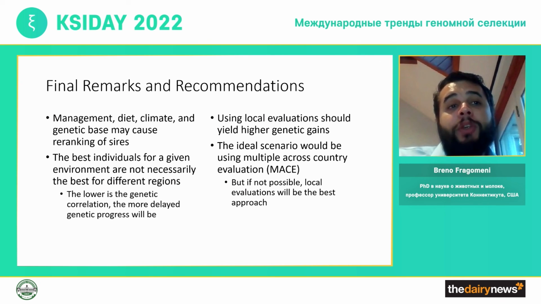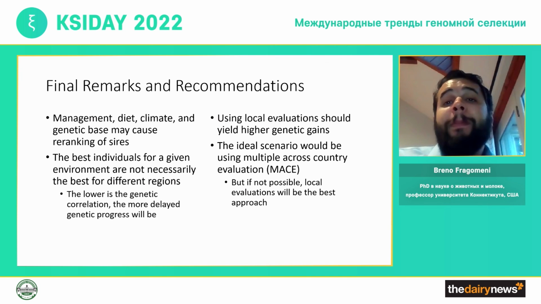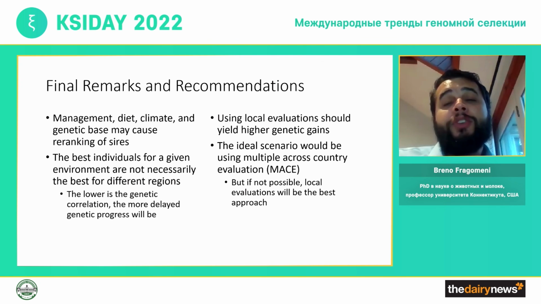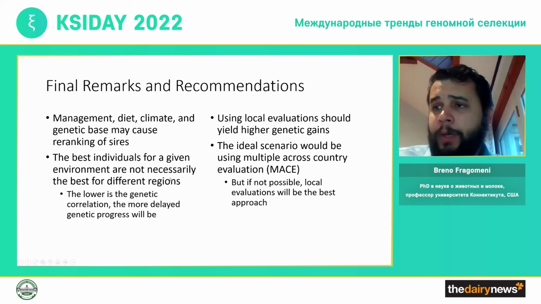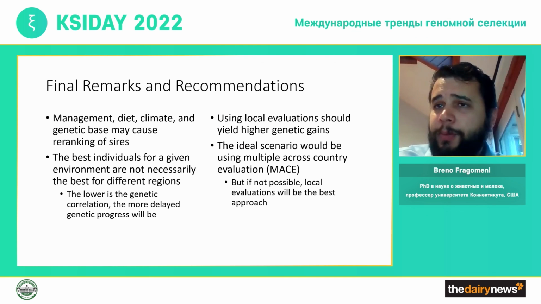Using local evaluations is very, very often the best thing to do. And while the ideal scenario would be using a MACE evaluation, when it's not possible, local evaluations are often going to be the best approach. With that, I conclude my talk, and I'm happy to take any questions.